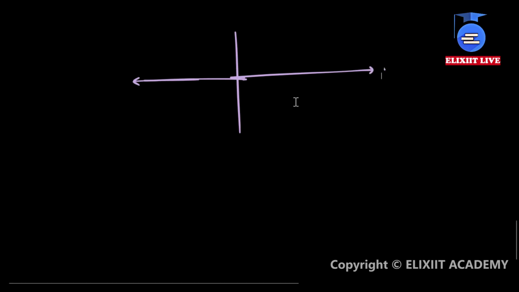If you take any angles from the first quadrant, fourth quadrant, likewise, let's say 0, 2 pi, 4 pi, 6 pi and so on, 0, 360 and so on, these are the multiples of 2 pi angles.